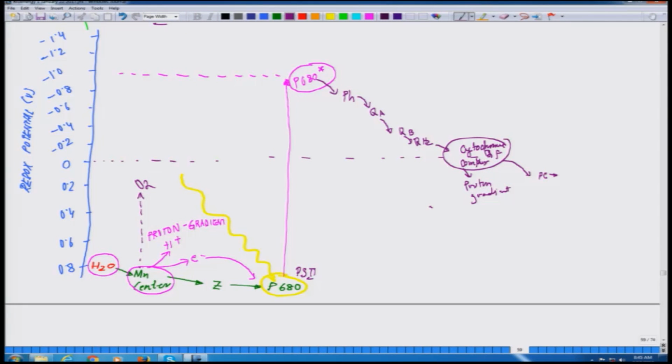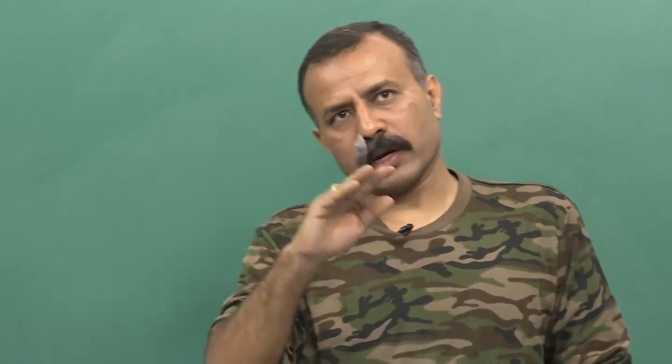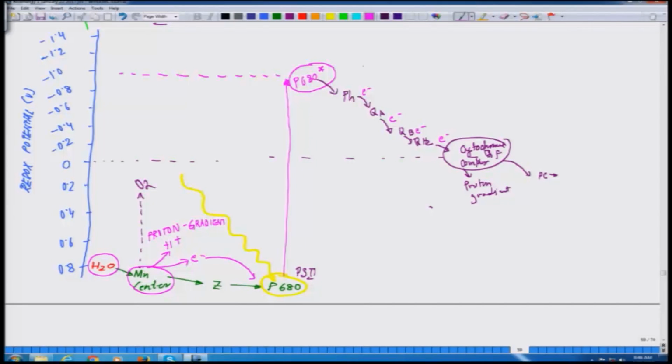So, what is happening is that in this whole process there is an electron which is hopping down, and the molecules which are sitting out here are getting reduced, coming back to ground state, reduced, coming back to ground state. It is accepting an electron, and in that process it is getting reduced and then coming back.